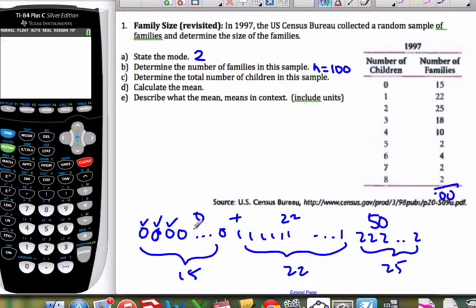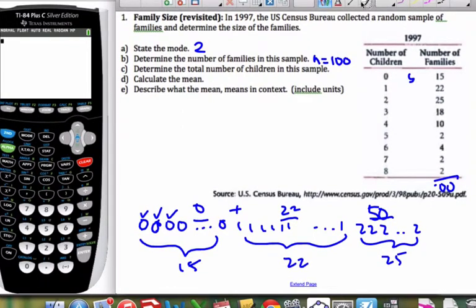So if I think about 0, 22, and 50, if I multiply these two columns, I get the total number of children that it's referring to. So this was 0. 1 times 22 is 22. 2 times 25 is 50. 3 times 18 is 54. 4 times 10 is 40. And 10, and 24, and 14, and 16. Because there are 2 families with 8 children, there's 16 children in total.